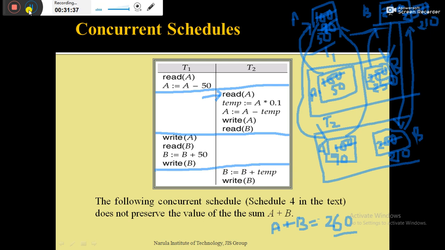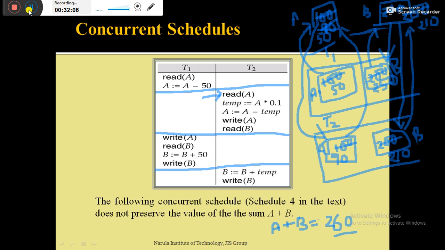But how the concurrency control component maintains the consistency even after concurrent execution of the transactions, we'll see in the next chapter. But before that, we must first understand which schedule will ensure consistency and which schedule will not.